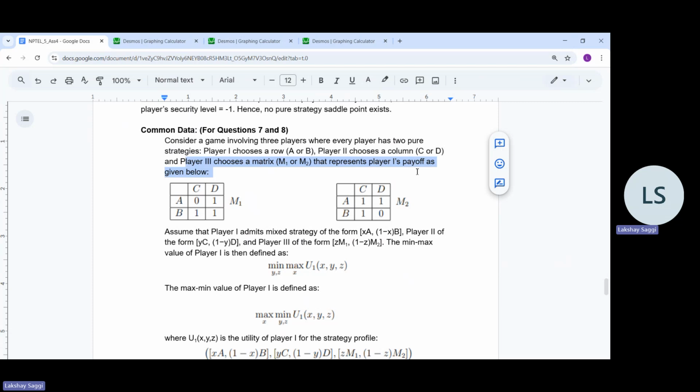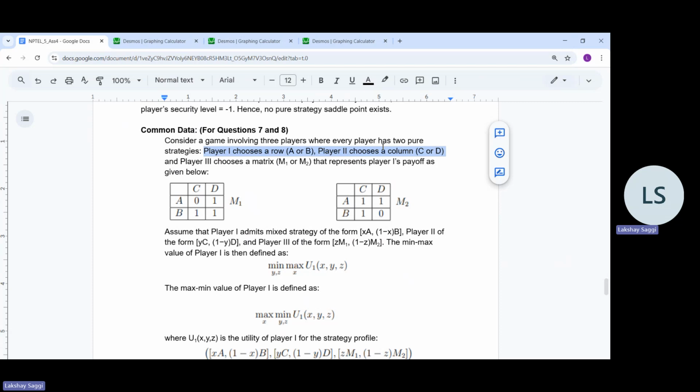So the first part is like a standard game, not necessarily a zero sum game. The initial part is just that one is the row player, one is the column player. So player one is the row player, player two is the column player.